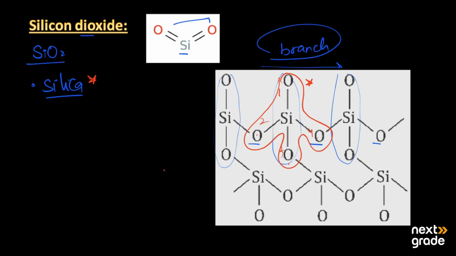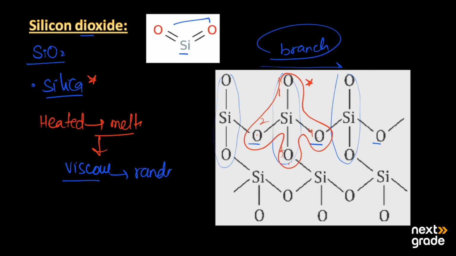But when this crystalline silica is heated up to the limit, it starts to melt and after melting it forms a structure that is viscous in nature, or we can call it a viscous liquid. It now has a random or irregular structure in which the silicon atoms still have the average closeness to the oxygen atoms.